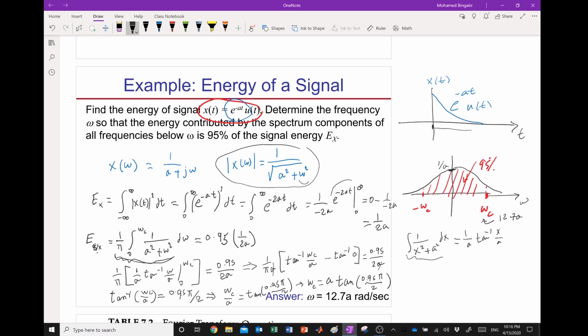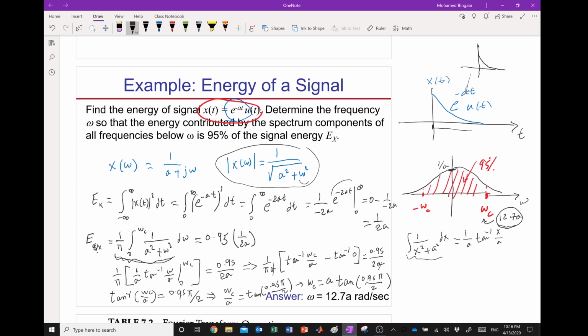Anything above this frequency you can eliminate. A will depend on this one. If A is large, then you have to keep more frequency. But what does it mean that A is large in the time domain? That means x of t will decay very fast if A is large.